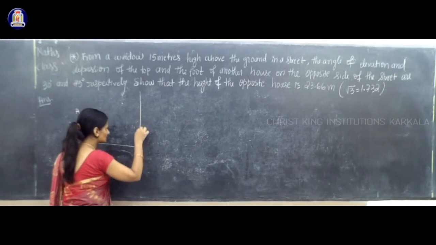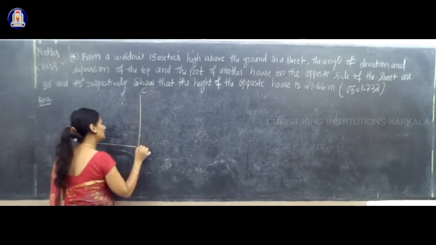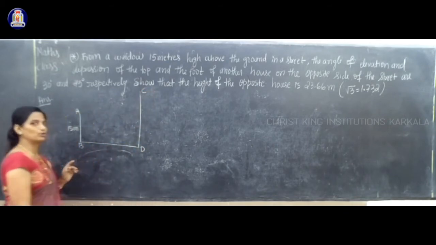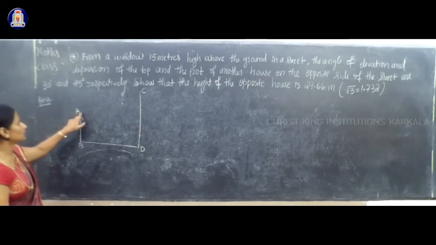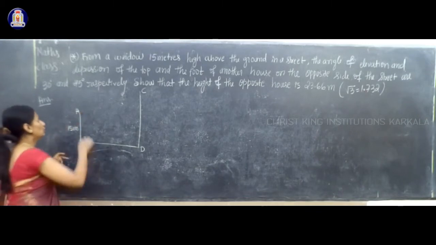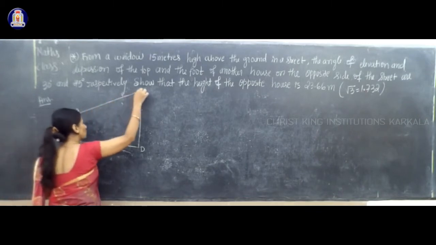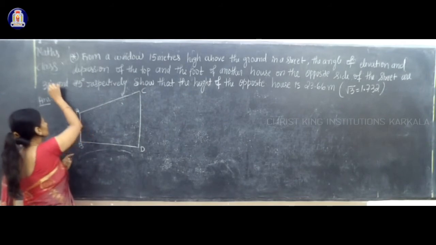So this is the house, that is CD. The angle of elevation from the top of this window to the top of this house is how much here? 30 degree.